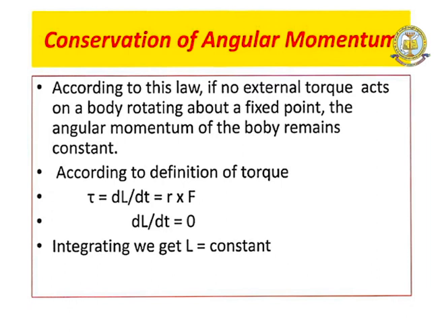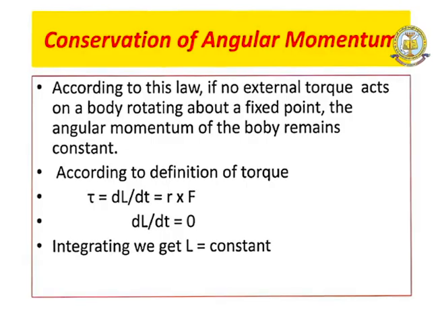And conservation of angular momentum. According to this law, if no external torque acts on a body rotating about a fixed point, the angular momentum of the body remains constant. When a body is rotating about an axis, the torque acting on it is given by torque equals r cross F. Substituting F equals the central force, F equals r cap into F of r, and simplifying, torque is equal to 0, that is torque equals dL by dt equals 0.